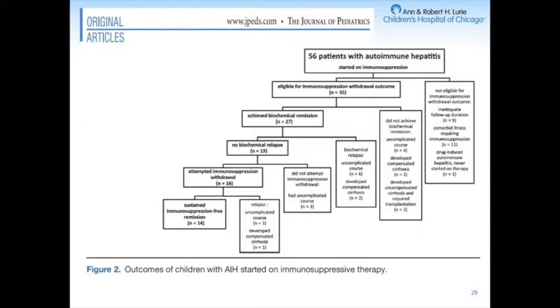They had 56 patients with autoimmune hepatitis, 27, so just more than half, achieved biochemical remission. 19 did not have relapse. They attempted withdrawal in 16 and were successful in 14. So it still comes to this: between 20 and 30% of people can come off of medication, whereas the rest probably have to stay on.